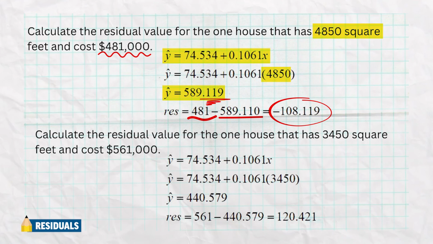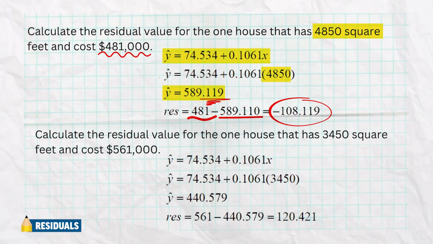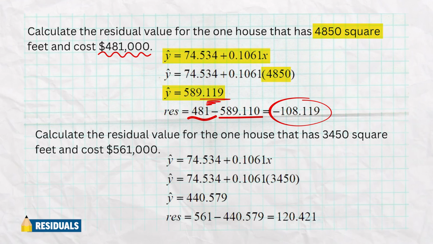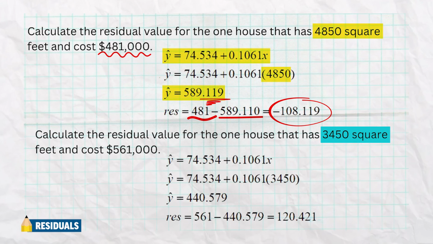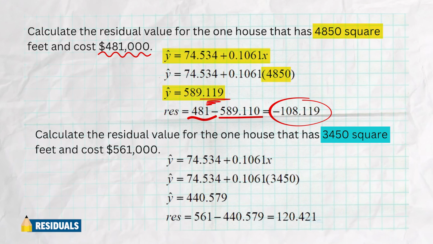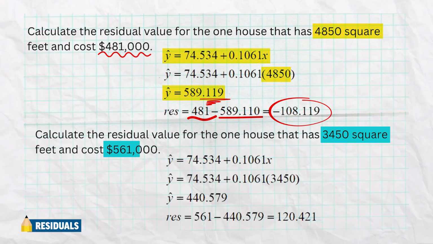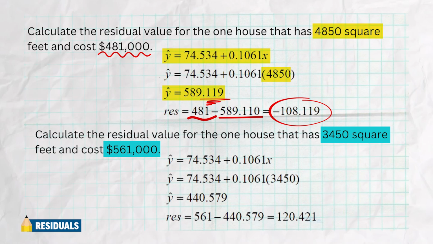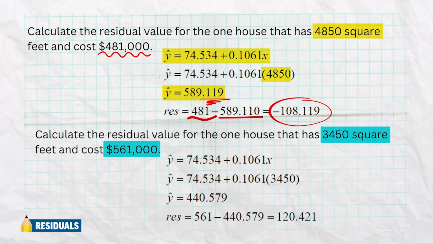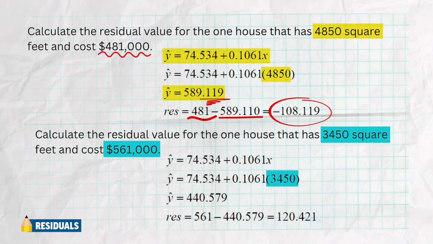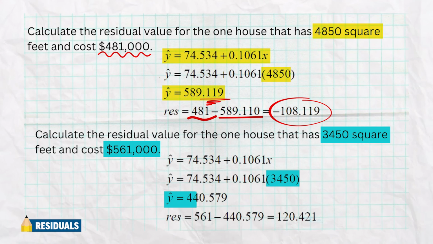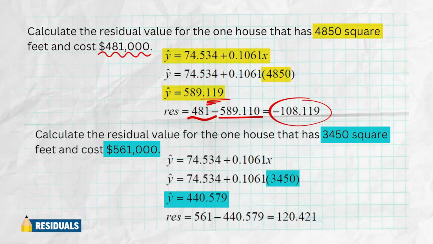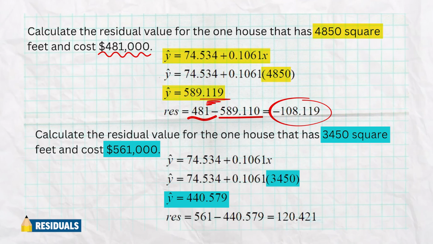Now, a second example here was another one of the houses had an actual square footage of 30,450 square feet, and the price of that house was $561,000. So to find the residual, first I have to use my linear regression model, plug in my square footage to get the predicted price, and here the prediction was only $440,000.